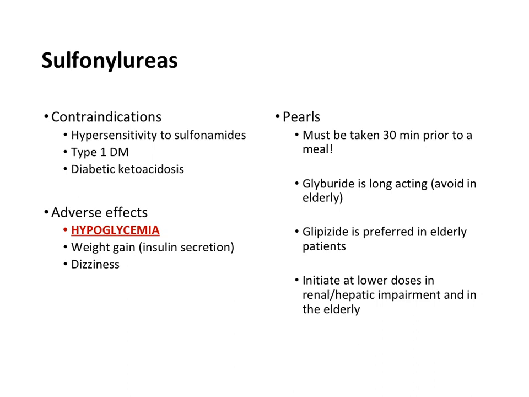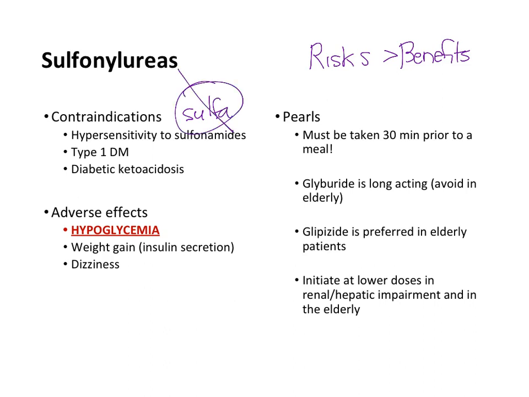The sulfonylureas have a lot more risks compared to their benefits, however. They do have a cross-sensitivity with sulfa allergies. So if you have a patient who lists sulfa as an allergy, sulfonylureas are not for them. They definitely have a high risk of cross-sensitivity and risk of an allergic reaction.